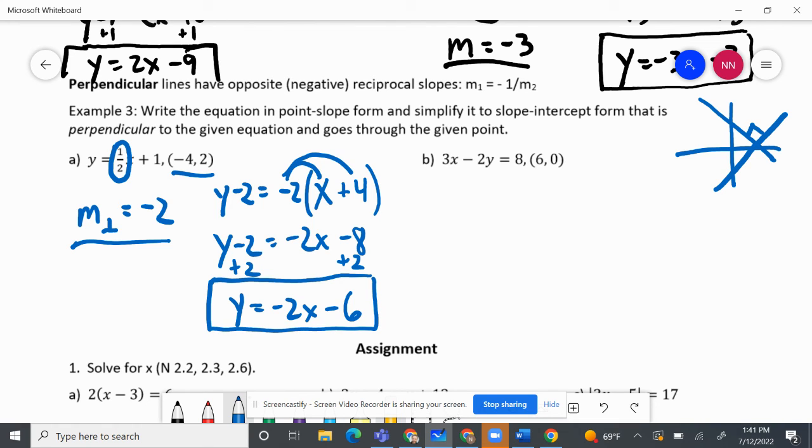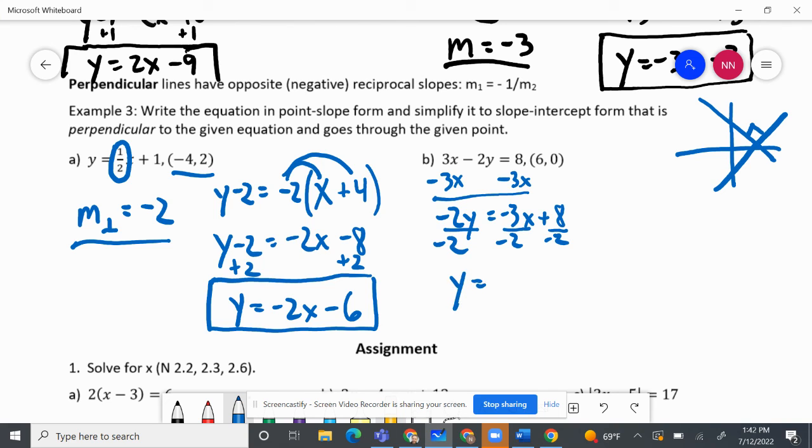And for our last one, the first thing that we're going to do is find the slope. In order to find the slope, we're first going to subtract the 3x. We need to get it in slope-intercept form. And we get -2y equals -3x plus 8. Then we're going to divide by -2.